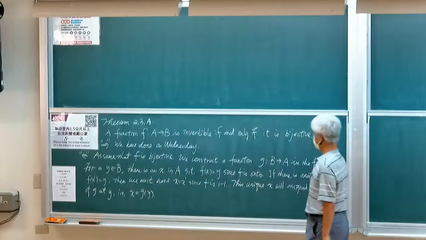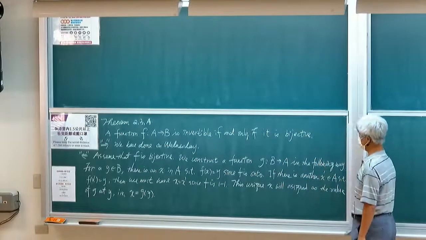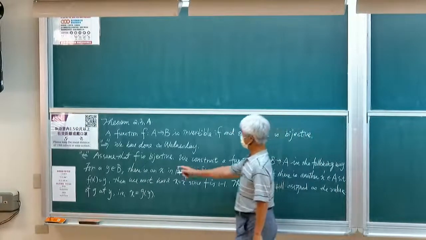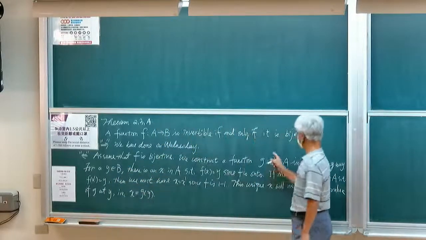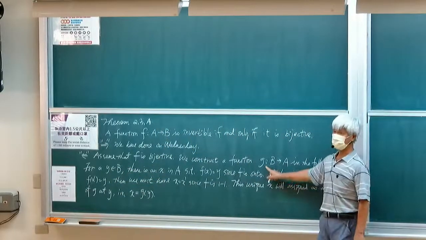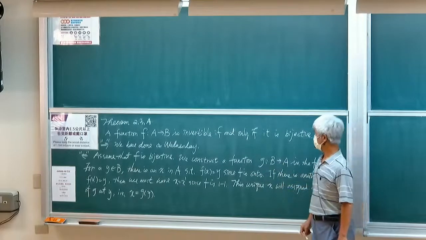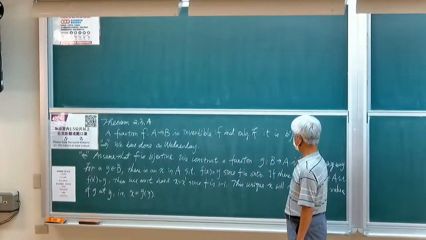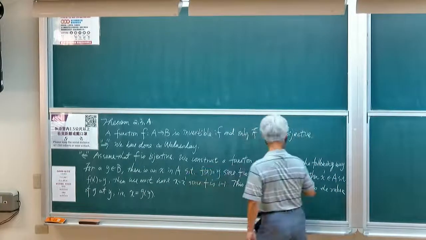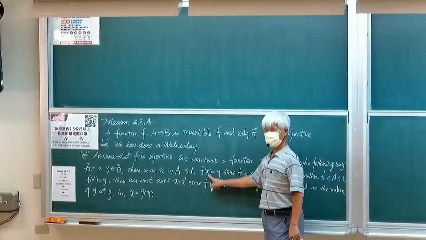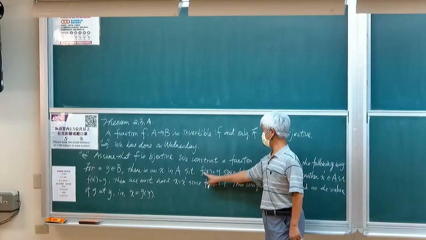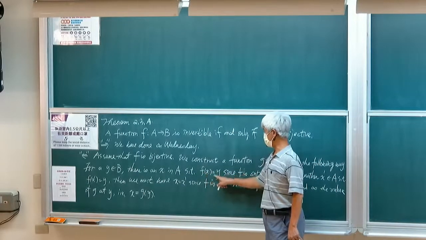So for any element y in B, which is now the domain of g, we know there is an x in A such that the value of f at x is equal to y.